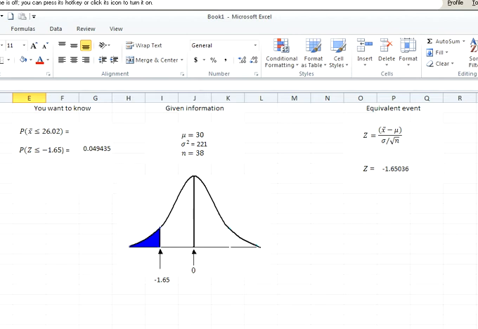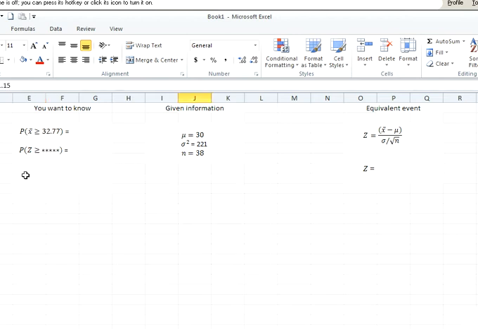Another type of question would be the right-sided probability. For example, in this case, you want to compute the probability that x bar is greater than 32.77, okay? So the equivalent probability in terms of z, these are the information given to you, same as before.